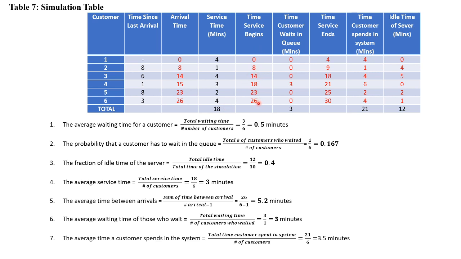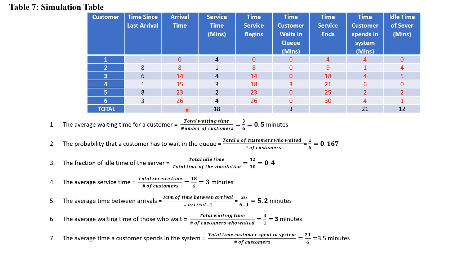Then the time service begins is going to be 26, because the service for customer 5 ended at 25. So when customer 6 came in, the server started attending to him directly.